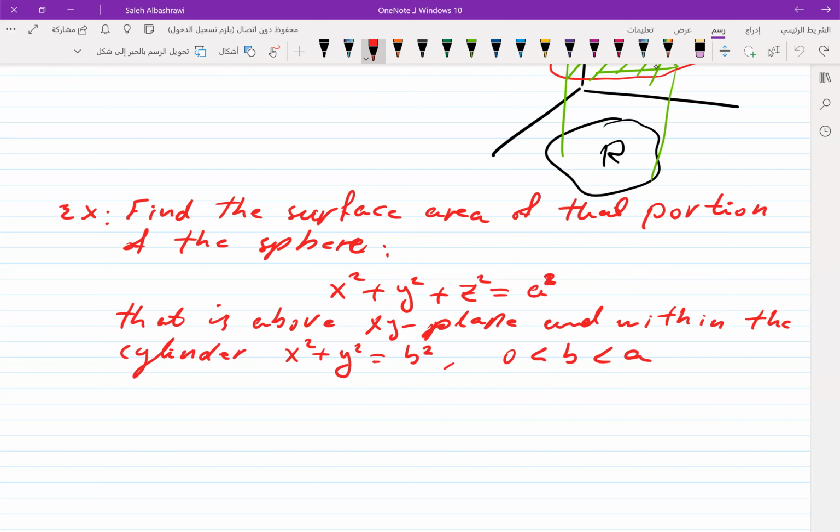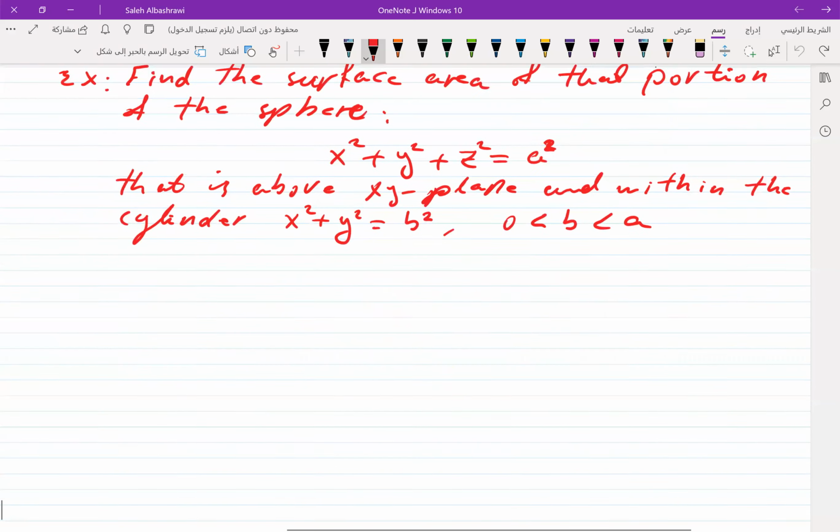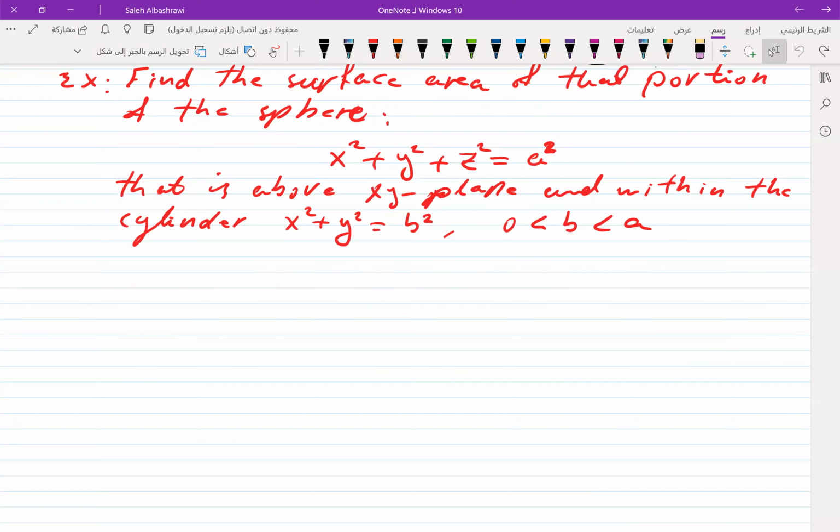So we need to find the surface area enclosed by the sphere x squared plus y squared plus z squared equal to a squared.